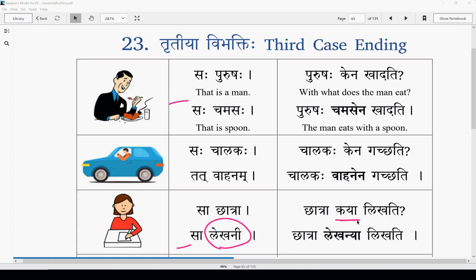Again, if you have not seen the picture, or do not know the lingam of this word, then we can simply use Kena, the Napumsakalinga form. Chhatra Kena Lekhati. The answer could be Lekhanya. That's fine. We can ask the question in Napumsakalingam, and the answer could be in any lingam.